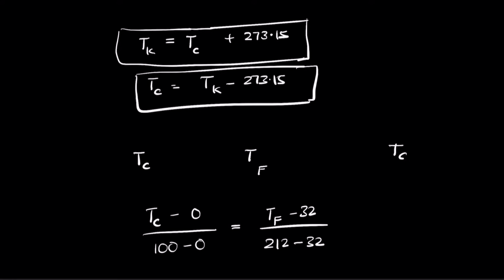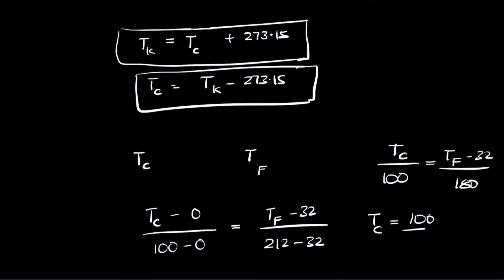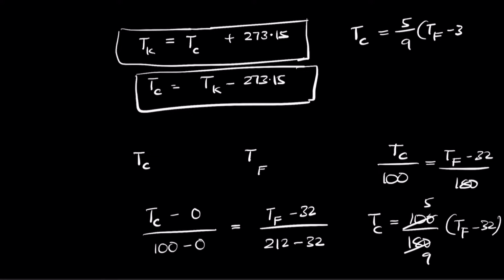So Tc over 100 is equal to (Tf minus 32) over 180. So Tc can be written as 100 over 180 times (Tf minus 32). Simplifying, we get Tc equals 5 over 9 times (Tf minus 32).